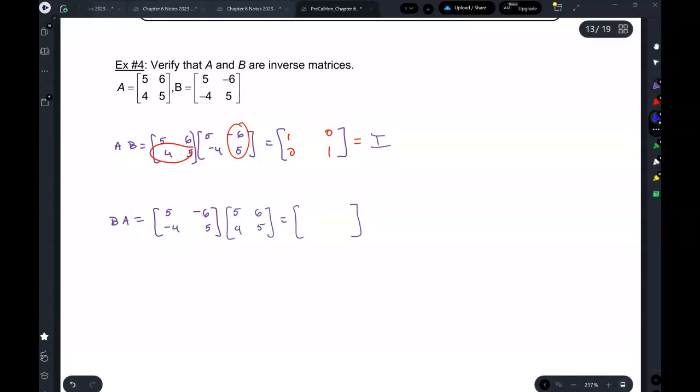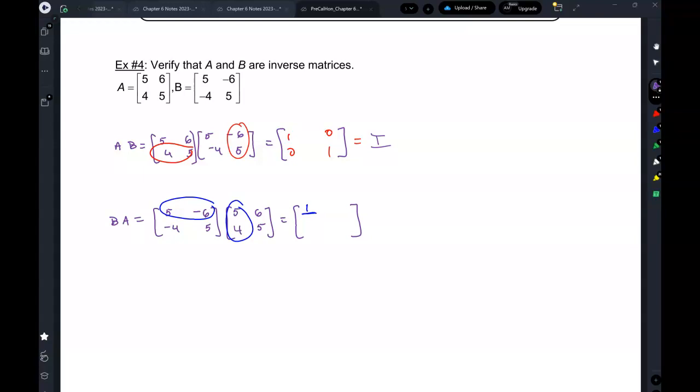Okay, so first here, this is row 1, column 1. The first two give you 25 minus 24, 1. Okay, so look, go in here in the product, in the answer matrix. I'm going to fill in this space. What position is this?